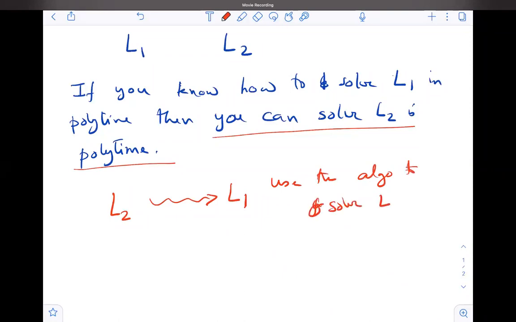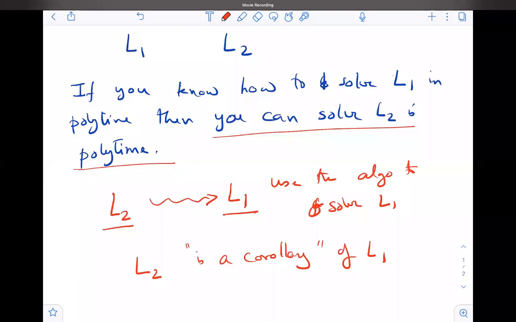So in some sense, L2 is a corollary of L1. It's like you have a problem, you have used something, and they said, okay, by this theorem, this follows. Now, what is that theorem? That theorem might be a much harder theorem. That I don't know.